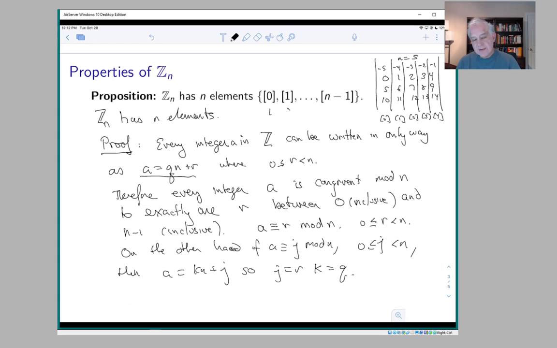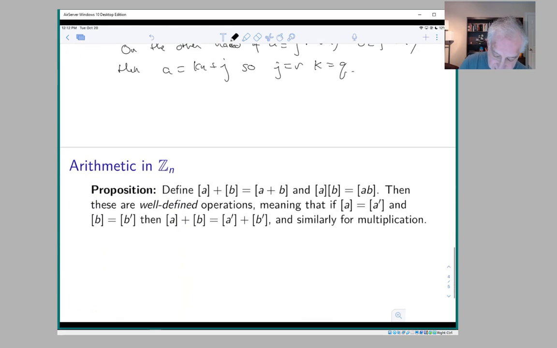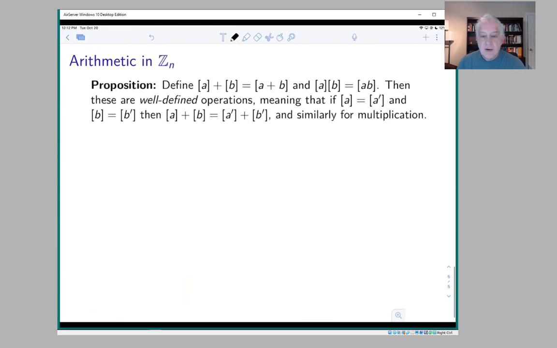So when we've talked about the integers, okay, maybe I'll just stop talking there, but let's go on to the next step. This wouldn't be that interesting, except that we can now define arithmetic mod n, or arithmetic in Zn, using these equivalence classes. And we do this in the following way. We define the sum of two equivalence classes to be the equivalence class of the sum.